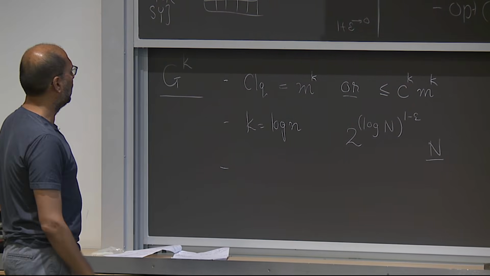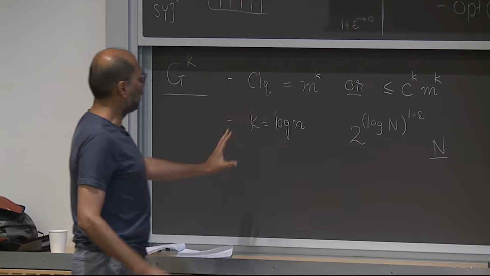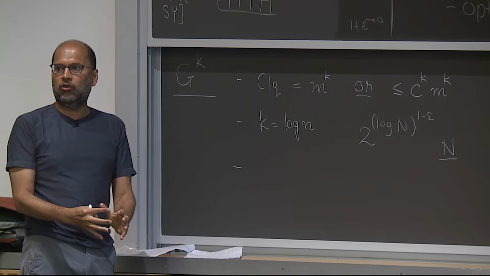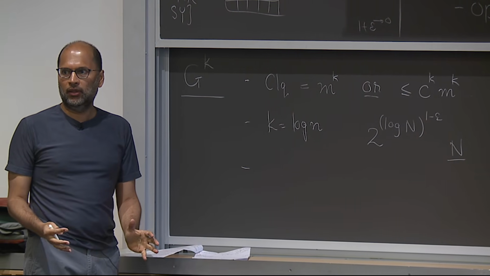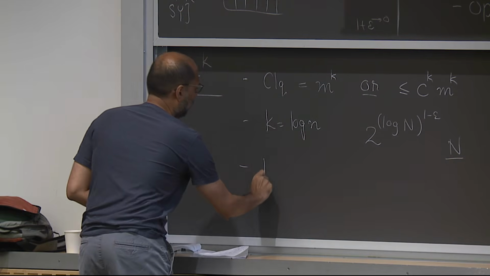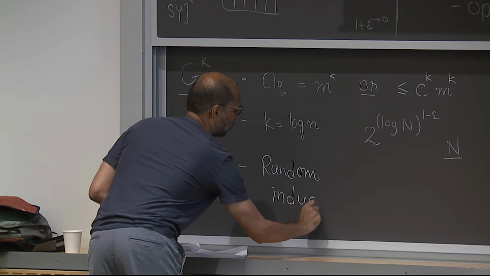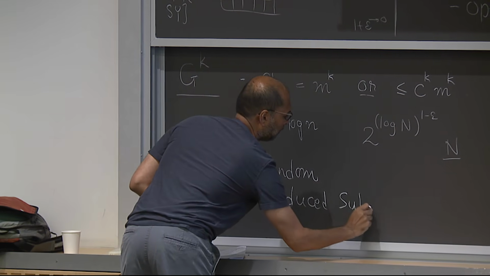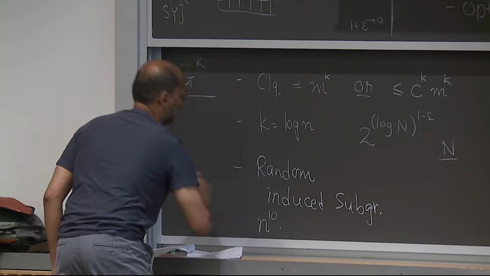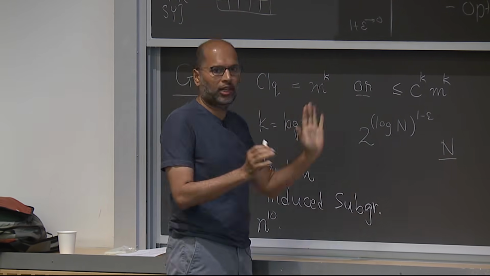However, you can do something even nicer for the clique problem, that once you have this product graph, you can simply take a random induced subgraph of it of much smaller size. In fact, of size which is polynomial in the little n. So if you take a random induced subgraph of size something like, let's say, little n to the 10, then it turns out you actually preserve the hardness factor.